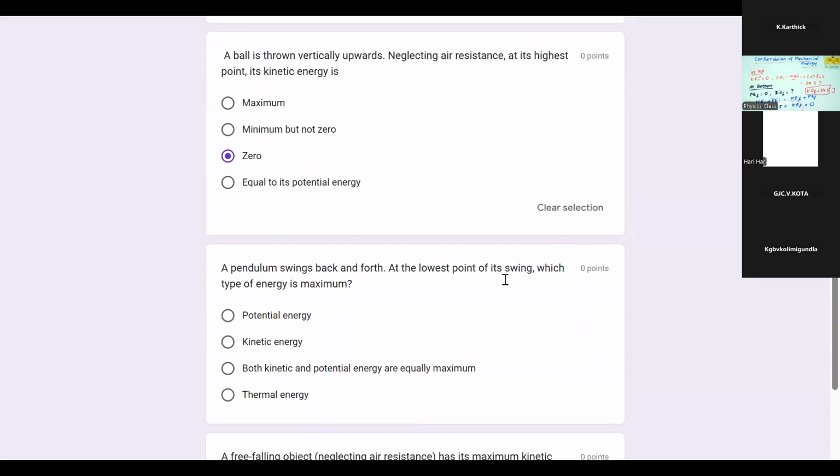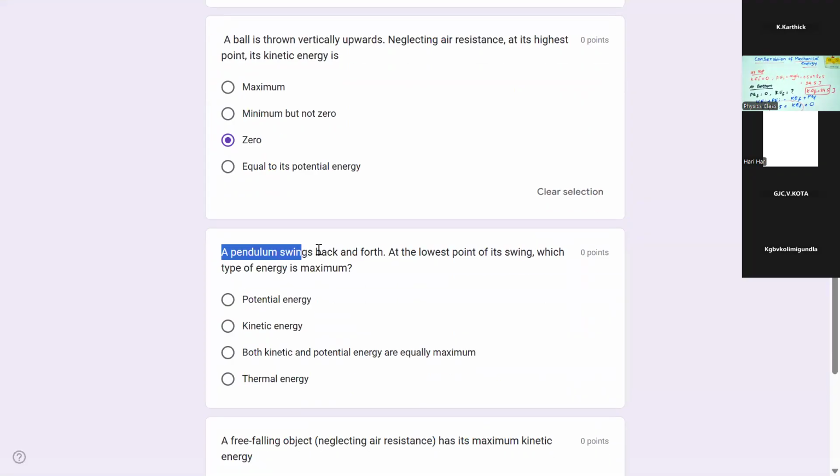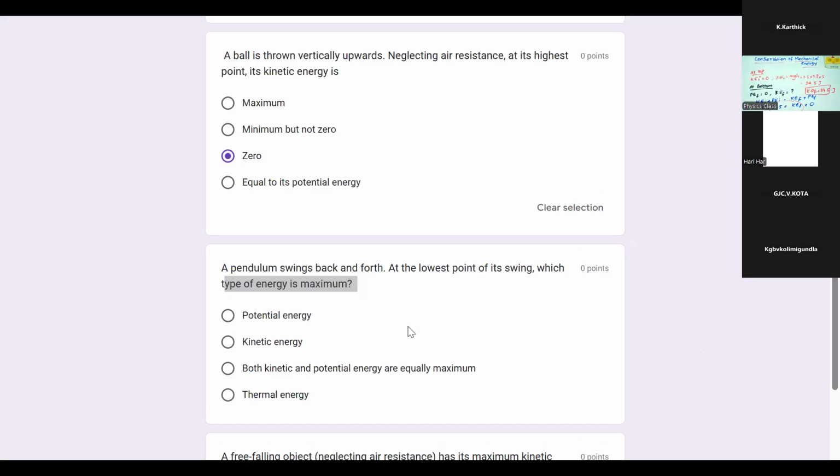Then the next one, the fourth one. A pendulum swings back and forth. At the lowest point of the swing, which type of energy is maximum? Just think about it. Kinetic energy.